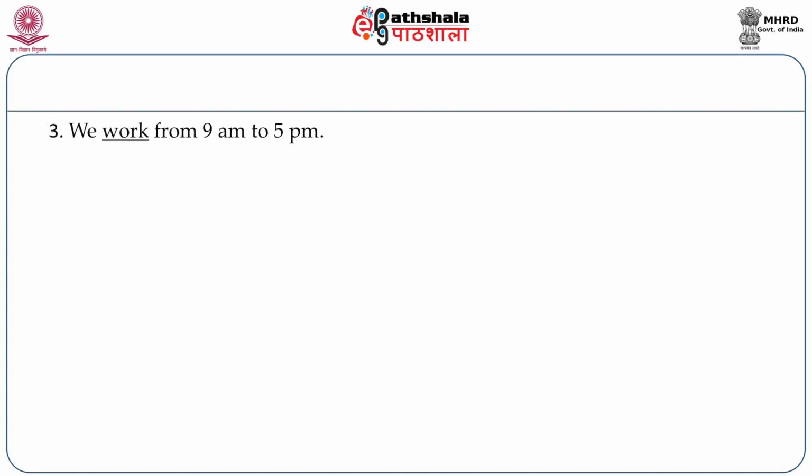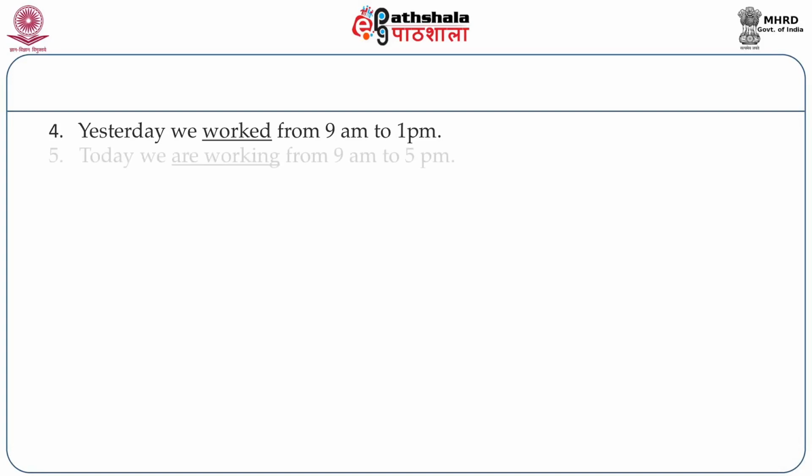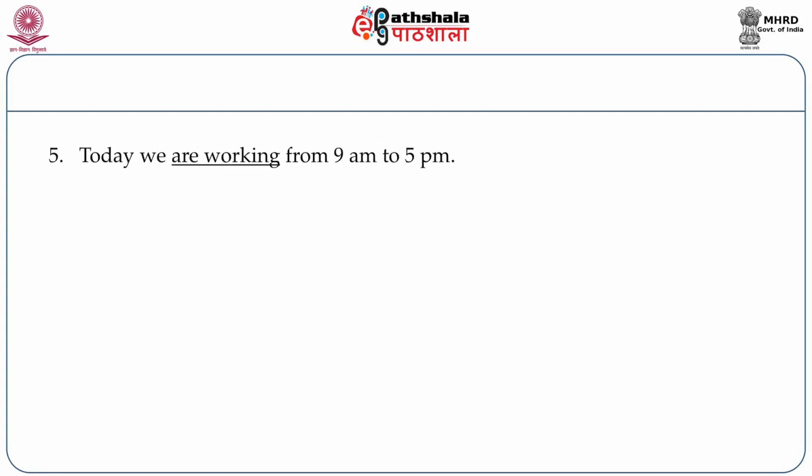Let us look at a few sentences and see how tense is marked. For example, in 3 we have we work from 9 a.m. to 5 p.m. In 4 we have yesterday we worked from 9 a.m. to 5 p.m. 5, today we are working from 9 a.m. to 5 p.m. In 6 we have yesterday we are working from 9 a.m. to 1 p.m. And in 7 we have they have been living in Chennai for 5 years, and in 8 we have they had been living in Chennai for 5 years.